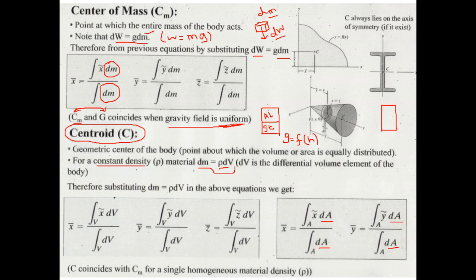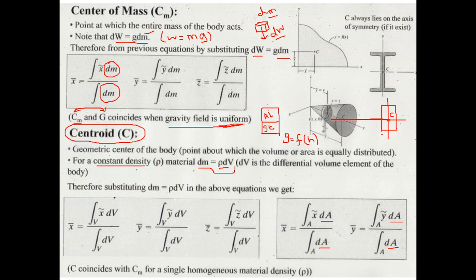if this cylinder is made up of just one single material, then its centroid will lie on the axis of symmetry. This is the centroid C, and this will be the center of mass as well.